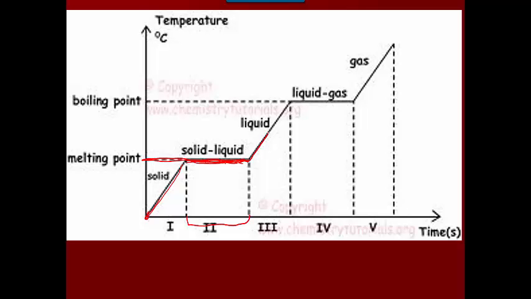Then once it's all liquid, the temperature will start to increase again until it hits its boiling point. At the boiling point, again, notice that when it's in this liquid gas phase, it will also stay at the same temperature, and then eventually when all the liquid has turned to gas, the temperature can increase as gas.